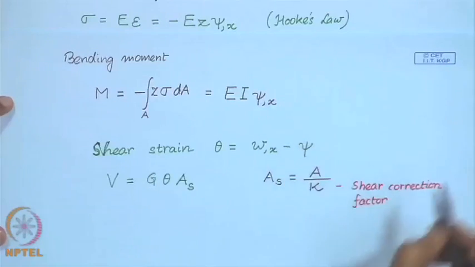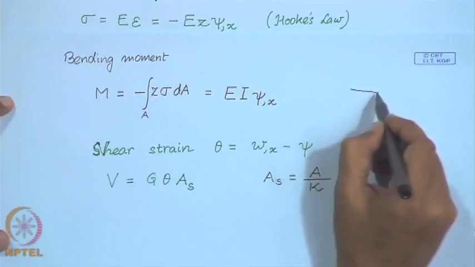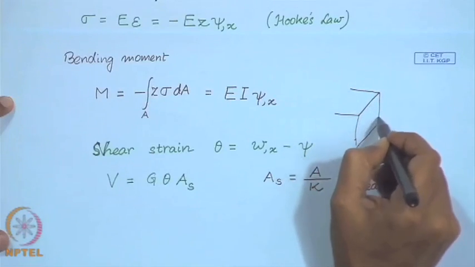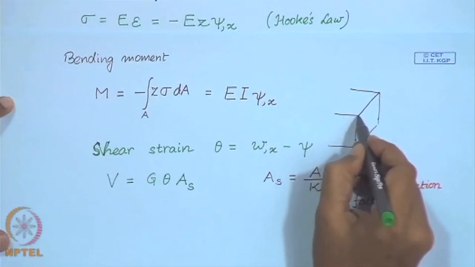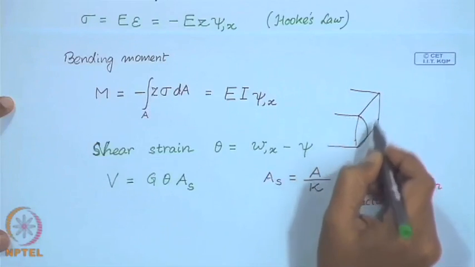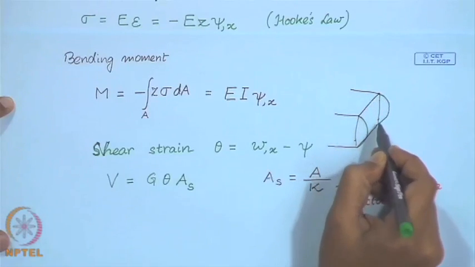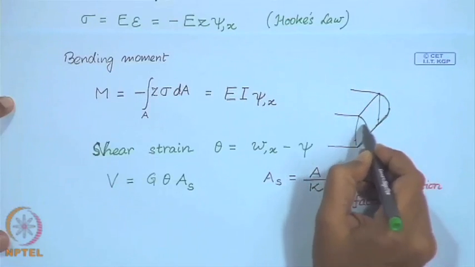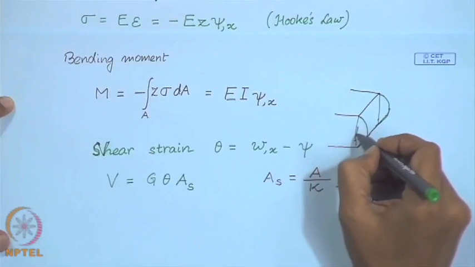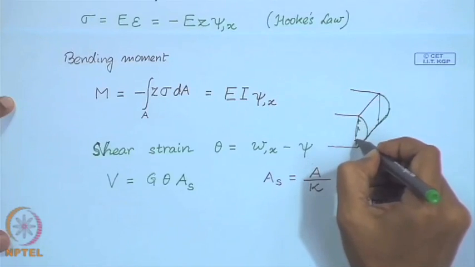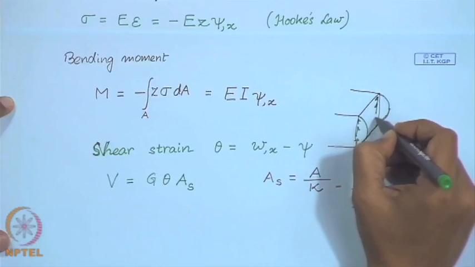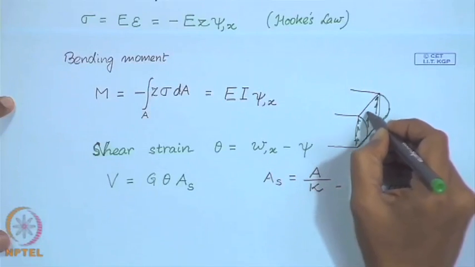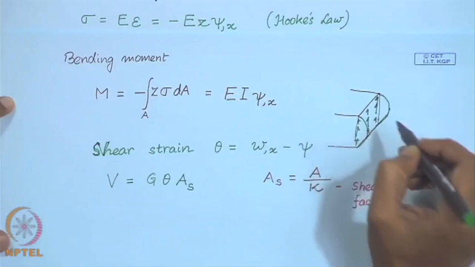So, for example, in the case of a beam with a rectangular cross section, the shear stress distribution is parabolic.